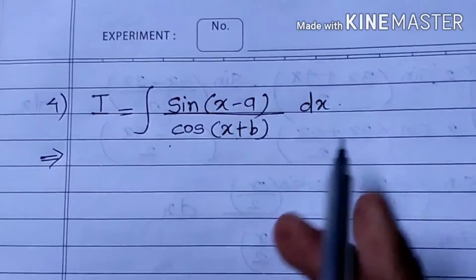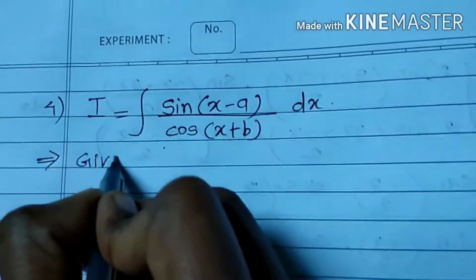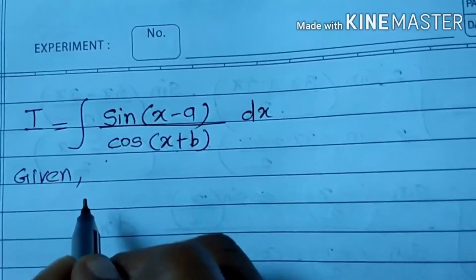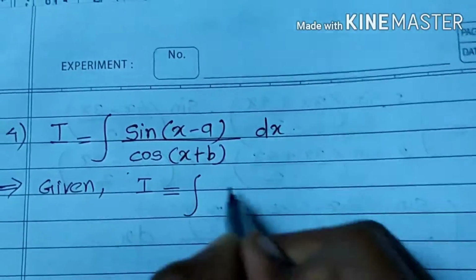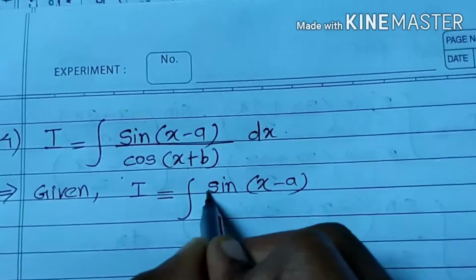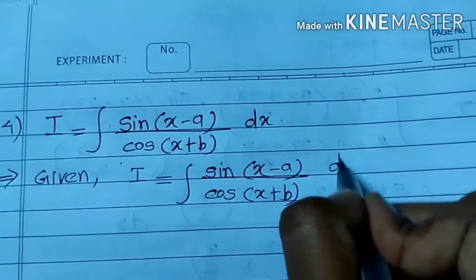So first write here given I is equal to integration of sin(x minus a) upon cos(x plus b) into dx.